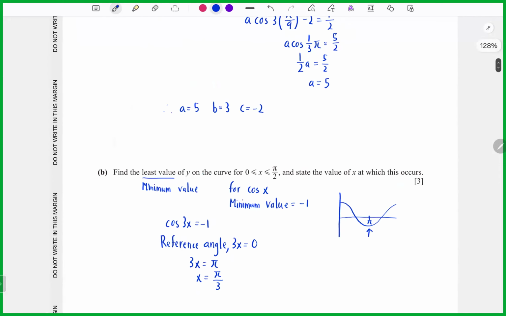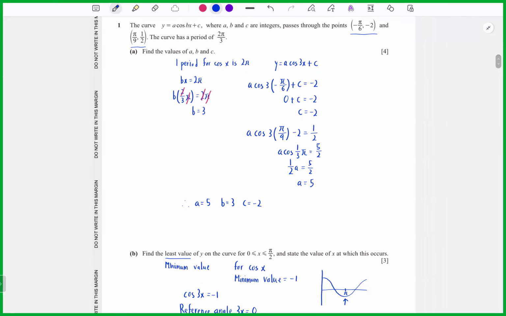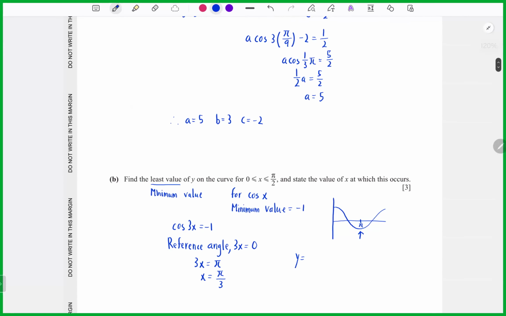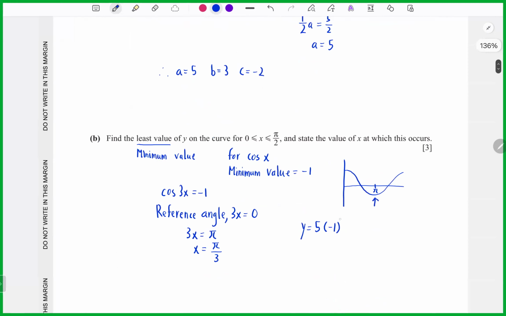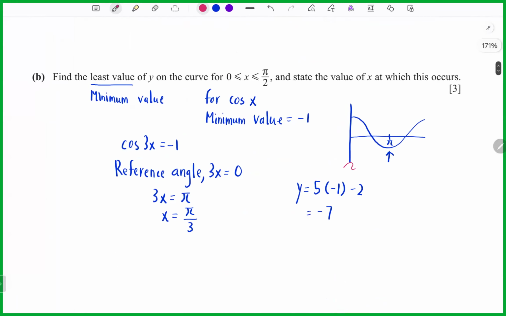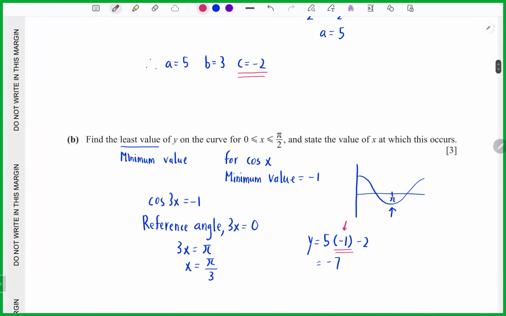Now we already know the values of a and c, so you can take y equals a, which is 5, times negative 1, plus c, which is negative 2, so equals negative 7. This is because the output value for cos 3x equals negative 1. The 5 and negative 2 are used back from answer part a.